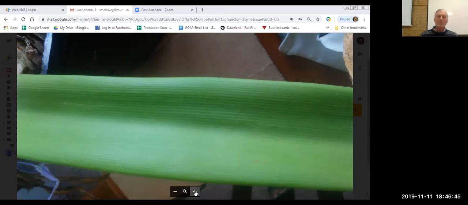But the flowers are very similar. And so that helps narrow down what you're looking at. Once you get to the plant family, you're narrowing in on what it is. Then the shape of the leaf is sometimes important.